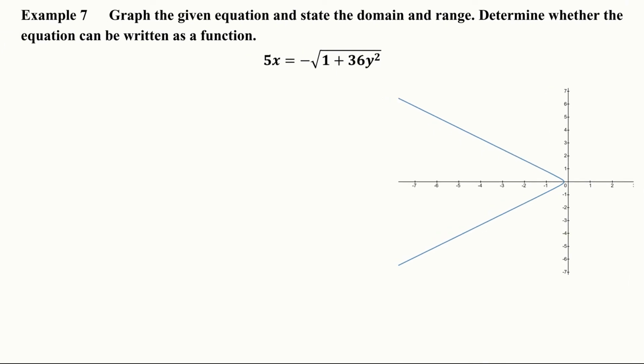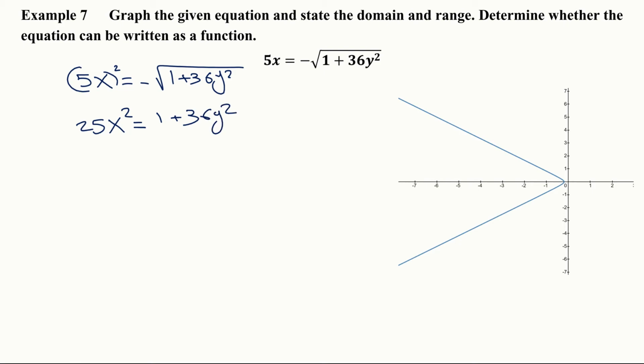All right, as you know, we're going to go ahead and square both sides. So we get 25x squared equals, squaring -1 just gives 1, so we just write 1 plus 36y squared.